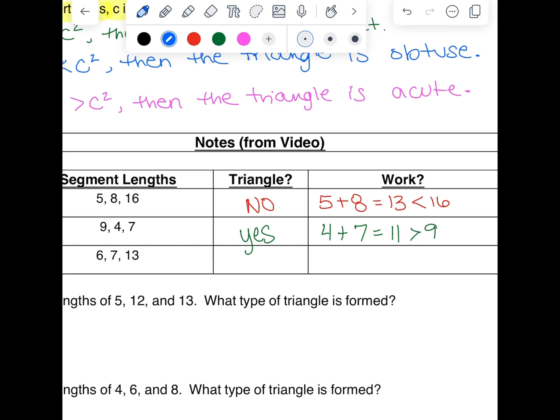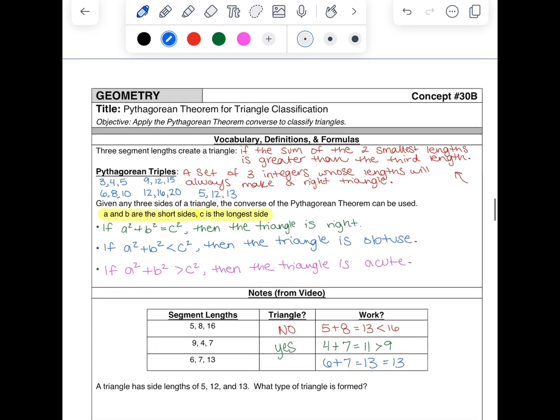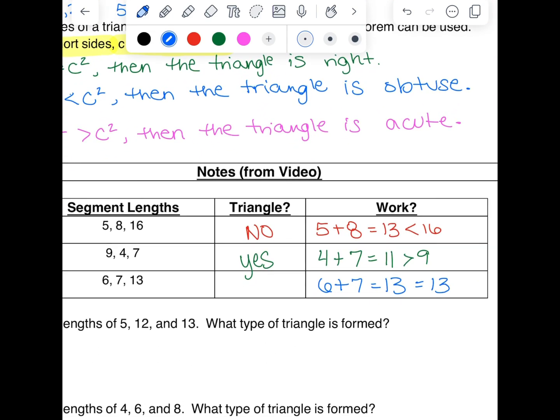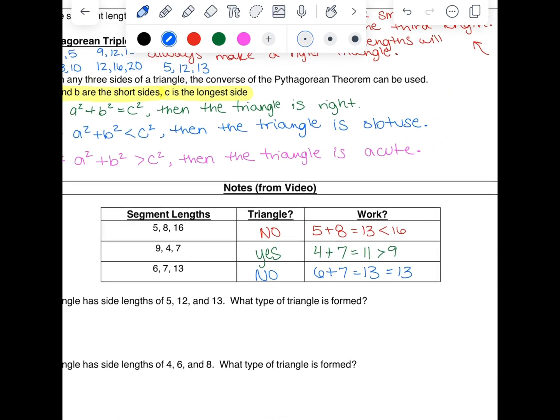And the last one, our smallest lengths are 6 plus 7, which gives us 13. And 13 is equal to 13. Our definition says the sum of the two smallest lengths must be greater than the third length. Here they're equal, so no. These segment lengths cannot form a triangle.